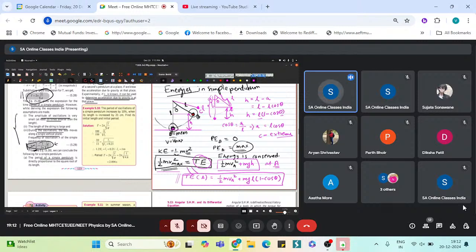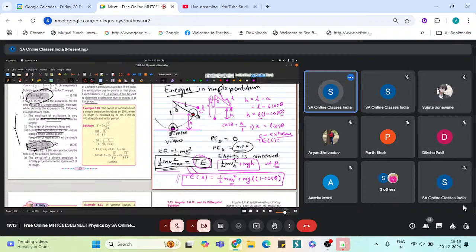For the point C, the kinetic energy of the particle will become zero at the extreme point, and all the energy it has will become the potential energy. So the total energy at point C, the v_C square at the extreme position, is just going to be zero.